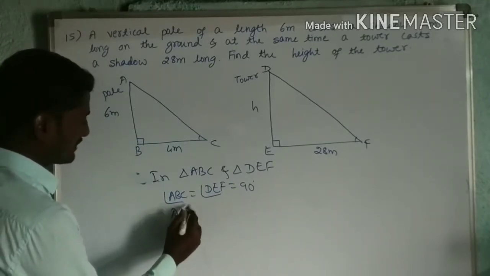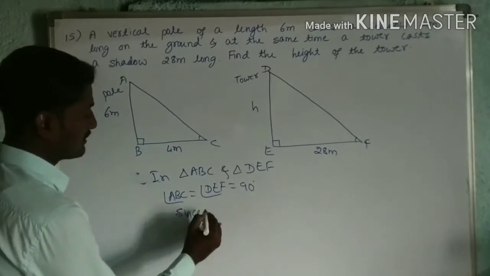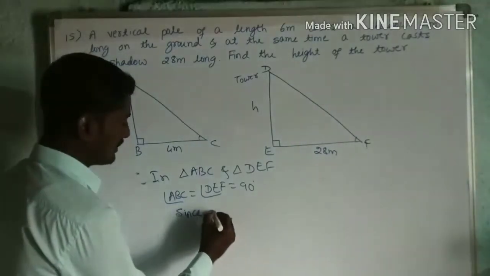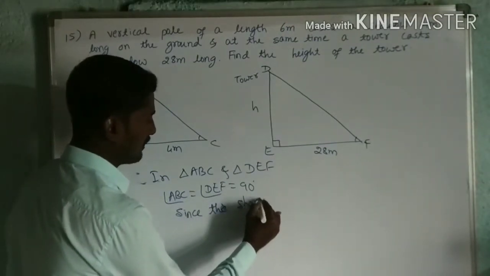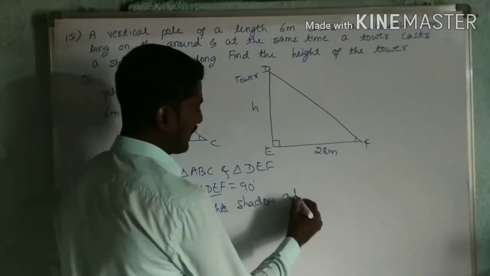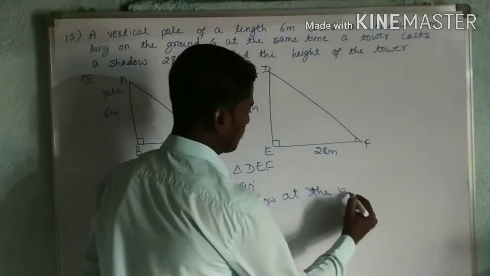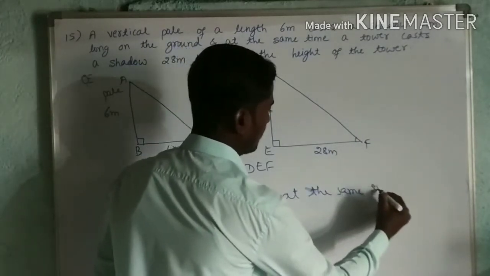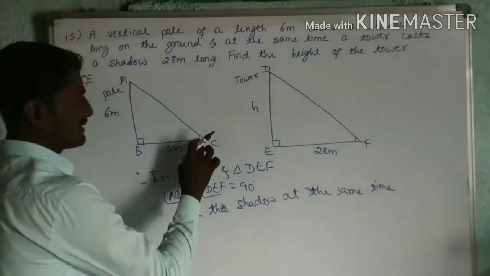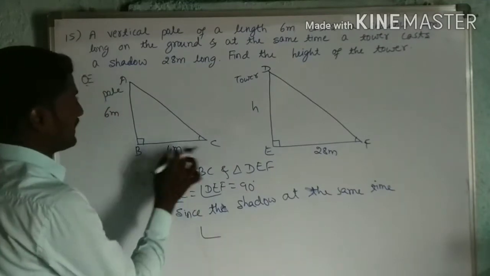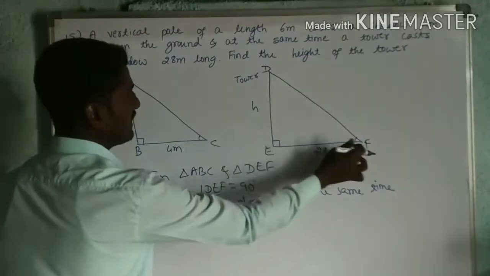At the same time, since the shadow, these two angles are equal, that is angle BCA is equal to angle EFD.